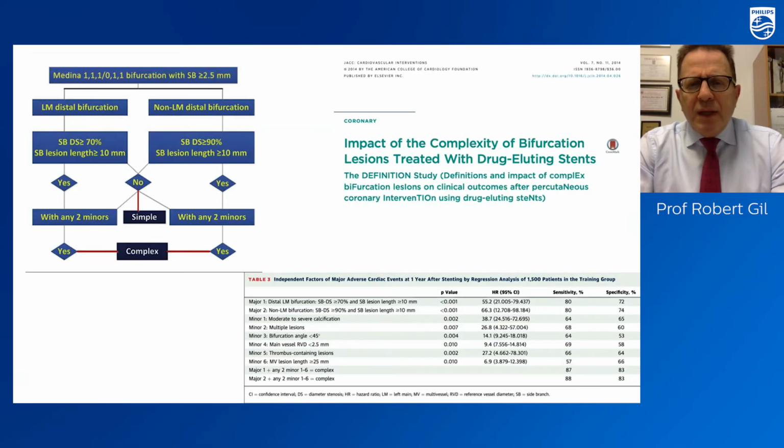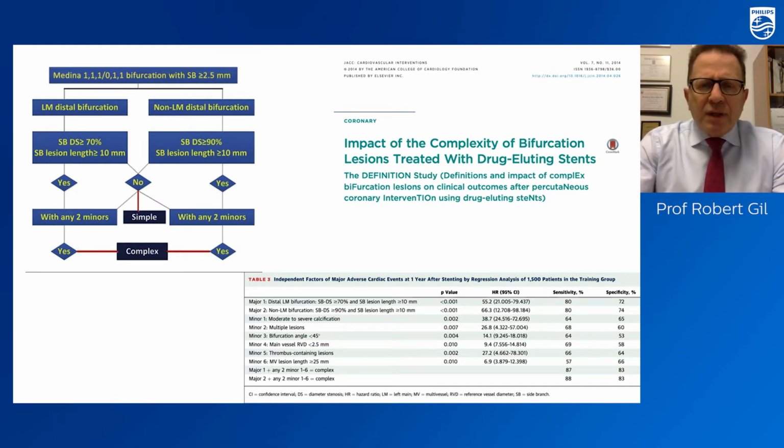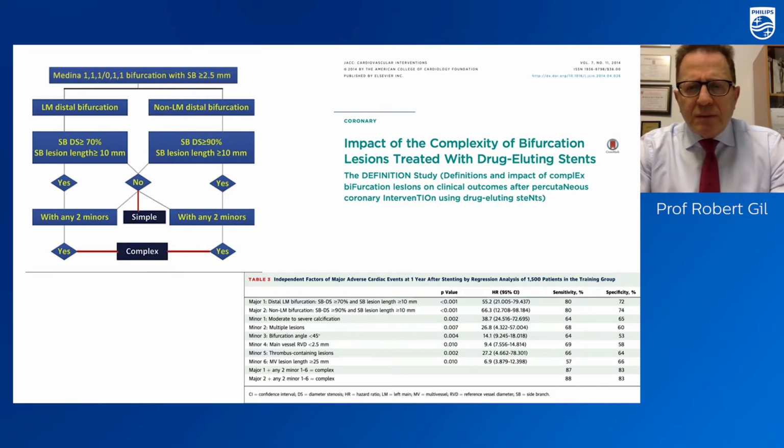Complex means a second stent is demanded. Here you can appreciate some details regarding this definition from this trial, and some details regarding how we should calculate this score.